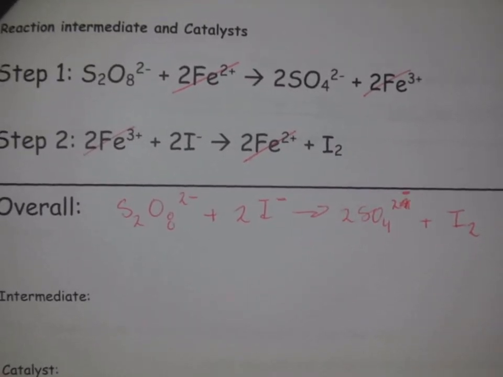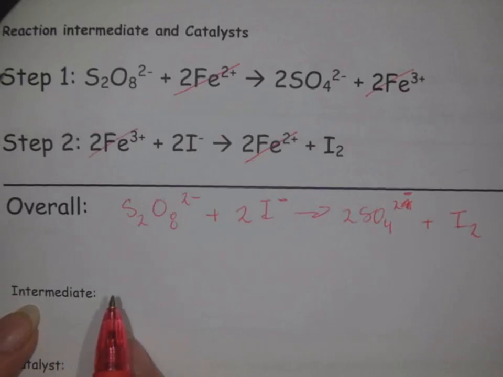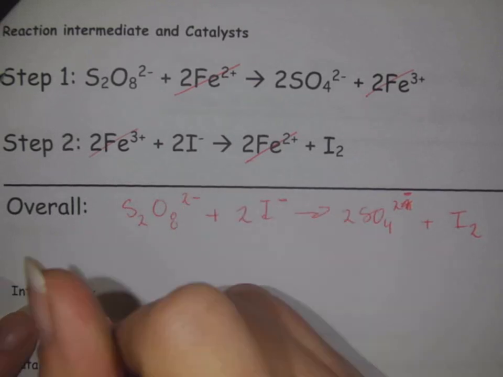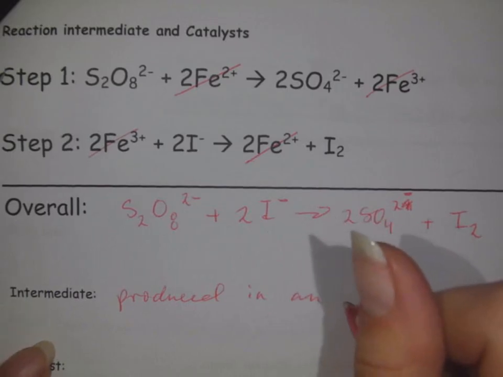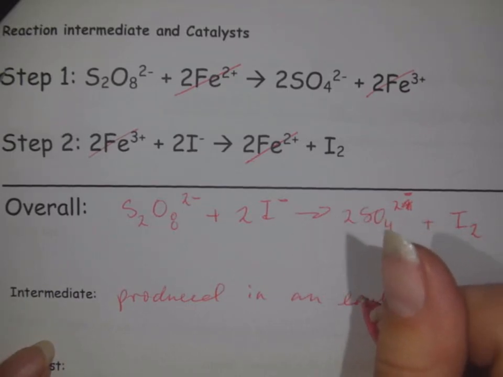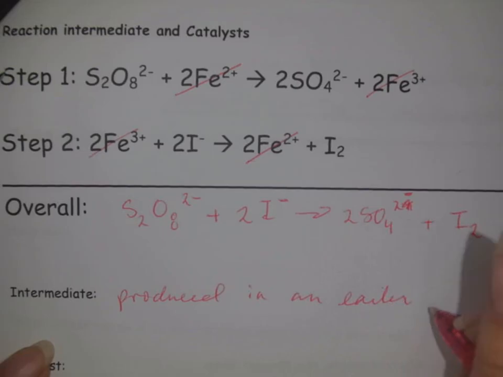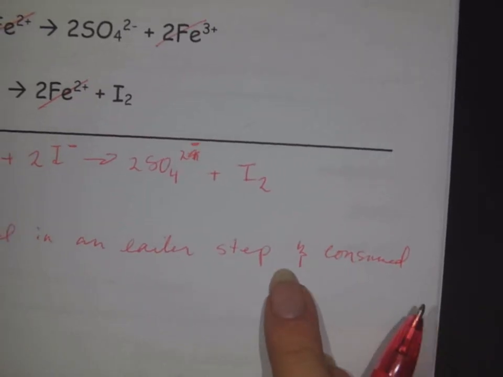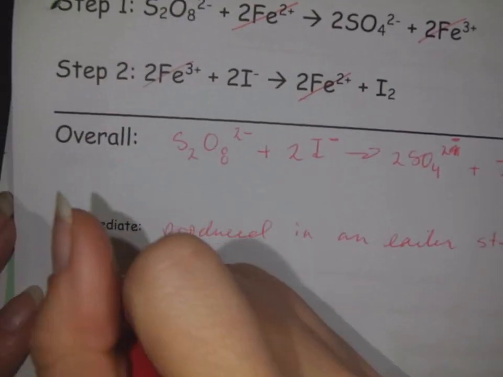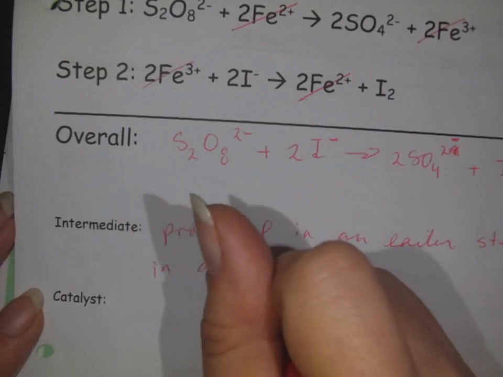Okay, as I told you, an intermediate is produced in an earlier step and consumed in a later step. All right, let's write it down. Produced in an earlier step and consumed in a later step.